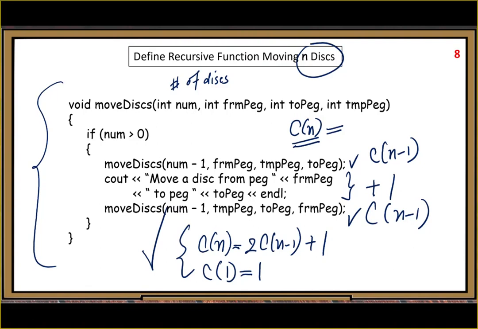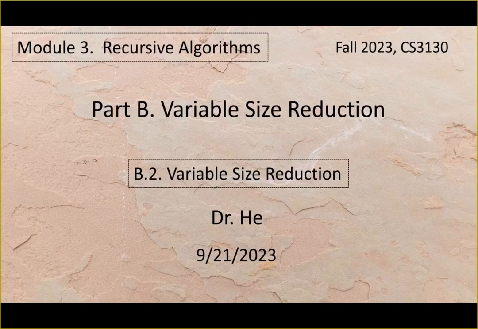If you want to try it yourself, that's a good practice. There is an interesting technique we need to use. So I delay it to part D. Now let me move to the part D topic: variable size reduction. You will see, when we do the problem size reduction, in our part A we did 2 examples. In both examples, our size reduction is by 1.